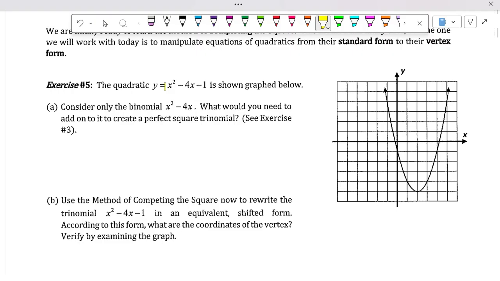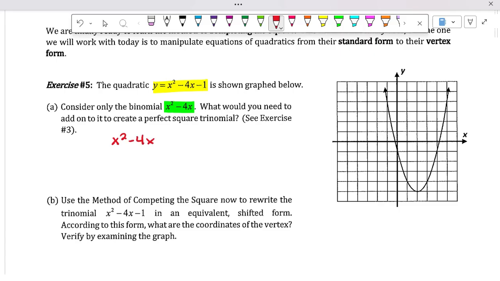So they gave us y equals x squared minus 4x minus 1. So they first asked us if we just look at x squared minus 4x.